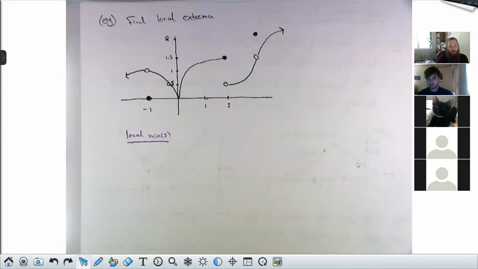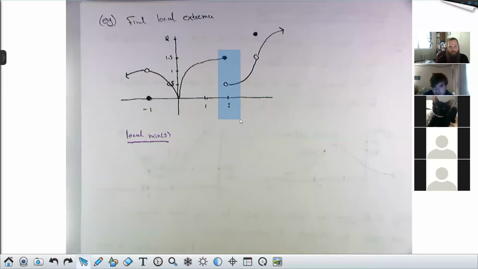Does anybody see a local min? 2. See over here, this kind of looks like some min behavior. But remember, the value of the function at 2 isn't specified by the open hole. The open hole doesn't have a point there. It's actually up here.